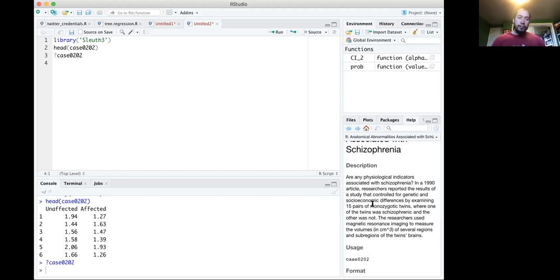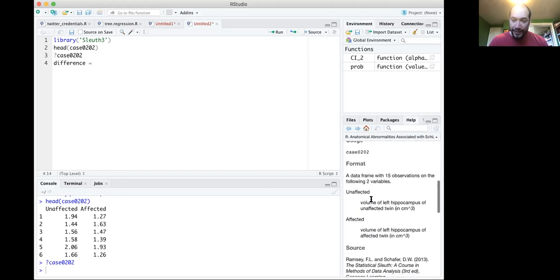So one thing that we're going to do here is take the difference. I have the unaffected twins' brain size. What's recorded is the volume of the left hippocampus in cubic centimeters, unaffected versus affected. Here's the question.